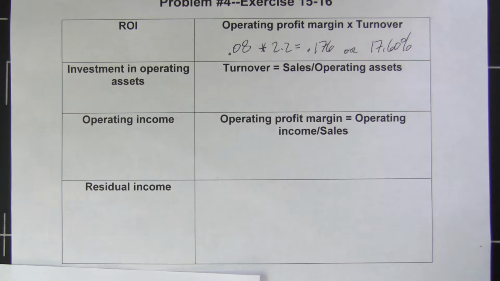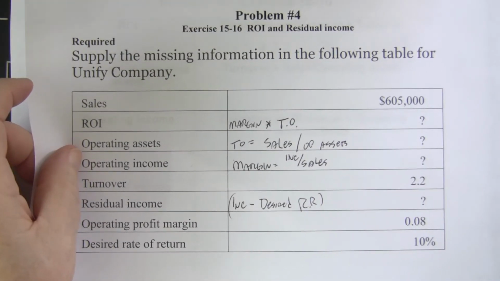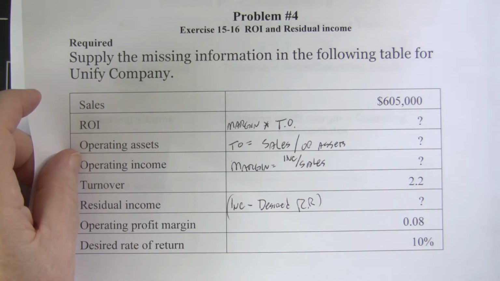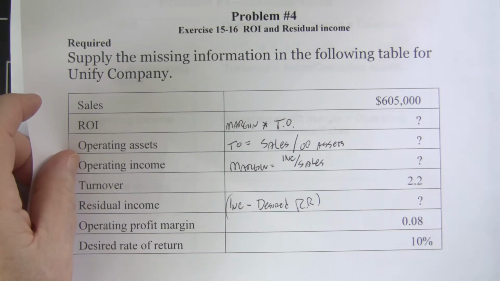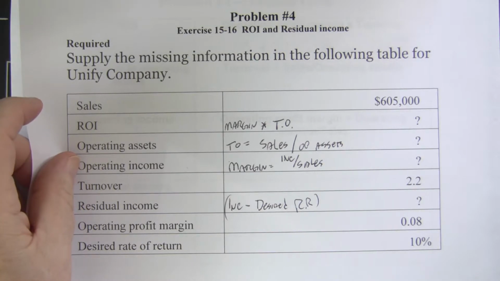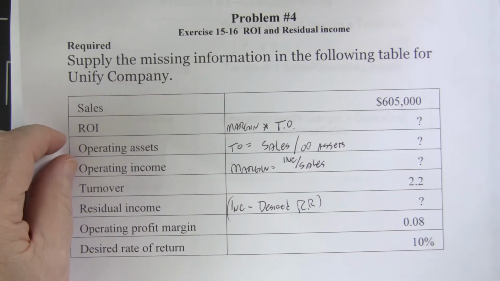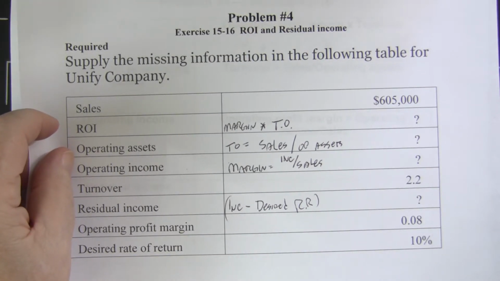Then they want to know what our investment in operating assets is. So we're going to use turnover for that, and we're going to take our sales, which they give us, and divide by our operating assets to see if we can come up with that. But they don't give us the operating assets directly. We have to work on that. So let's see what pieces they give us.